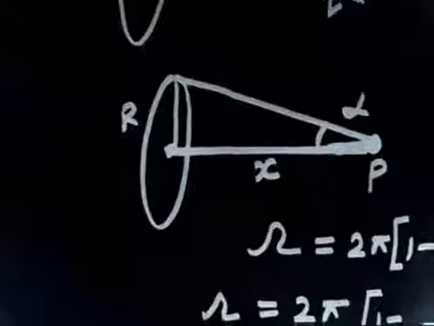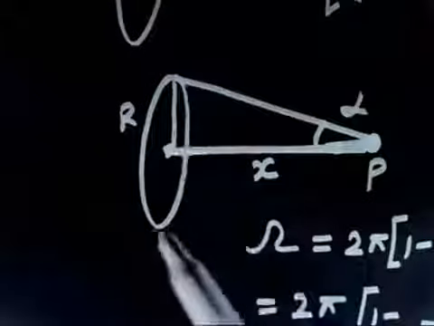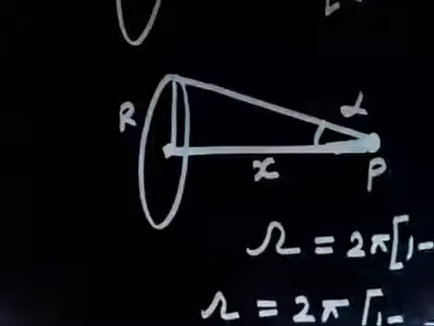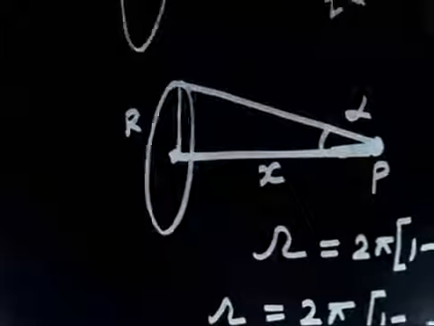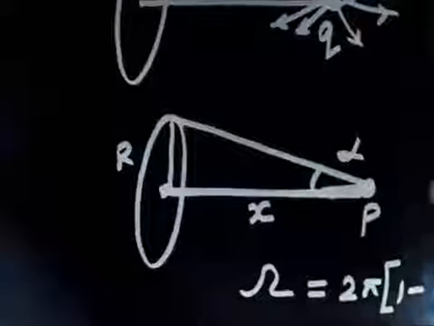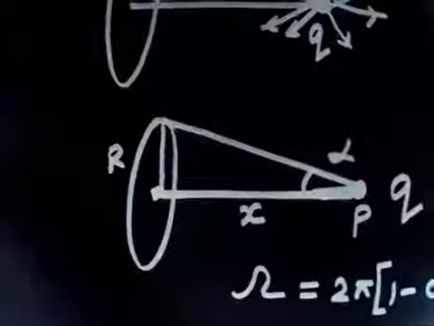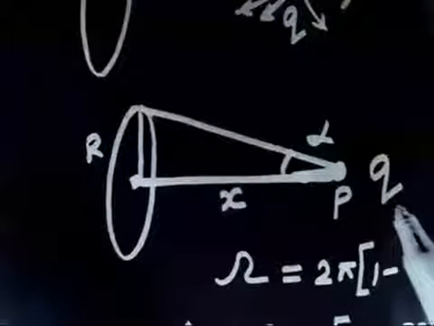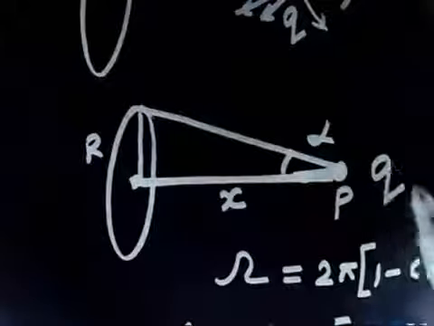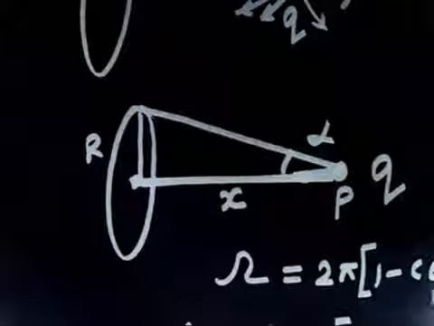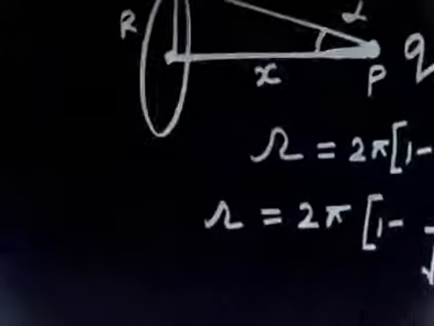You have to remember this result: the solid angle subtended by a circular area at point P is given by 2 pi (1 minus cos alpha). Now I will use this one. If I have a charge Q here, and I apply the Gauss law, the total flux radiated by the charge Q will be Q by epsilon naught.